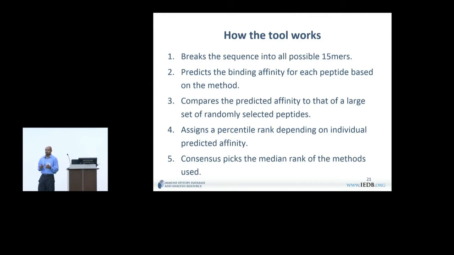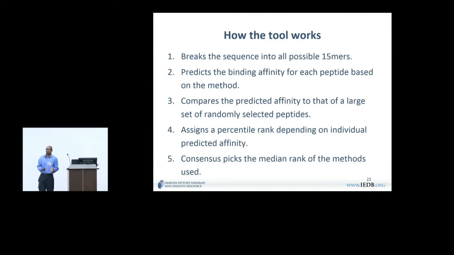Then it predicts the binding affinity for each individual peptide. Then it takes the predicted binding affinity of each peptide and compares it with a large set of randomly selected peptides, same as class 1. Comparing to this set, it assigns a percentile rank for the peptide in question.